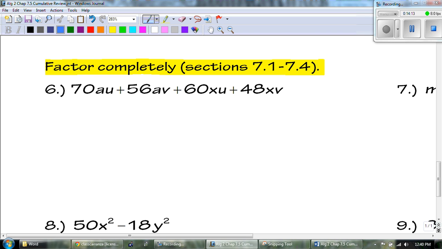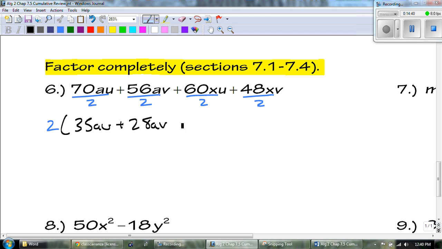Now, number 6. The first thing that we always check for is, is there a GCF, okay? And yes, there is. I can divide everything by 2. The 2 comes out front, and then we're left with 35au plus 56 divided by 2 is 28av plus 30xu plus 24xv.